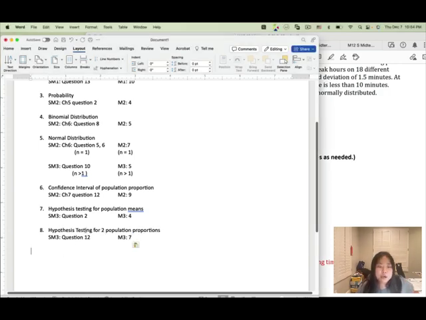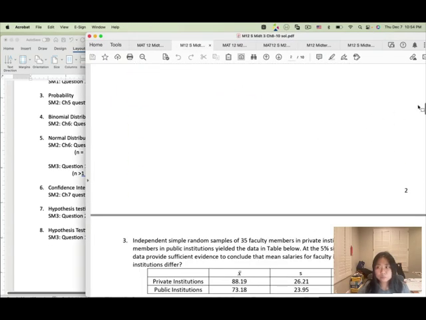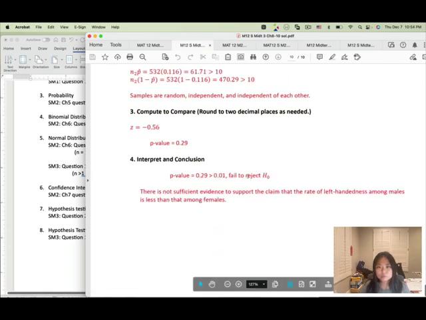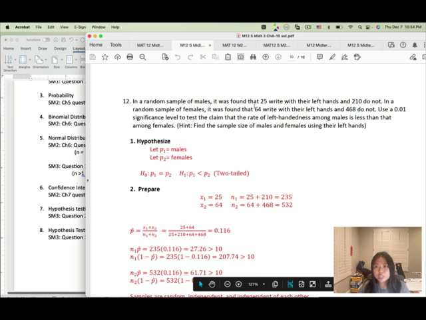Number 8, hypothesis testing for two population proportions. So look at the sample midterm 3, question 12. You can see they never mention the mean or standard deviation. That would be the proportion. And since we do have two populations, make sure you say what your P1 is equal to and what your P2 is equal to.